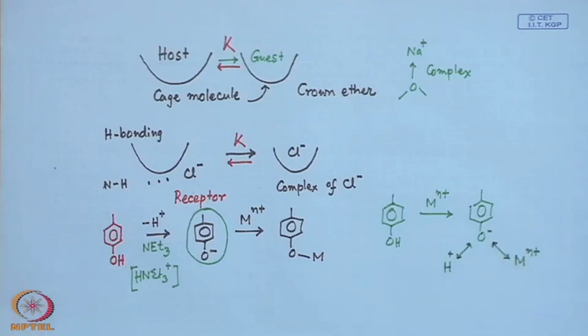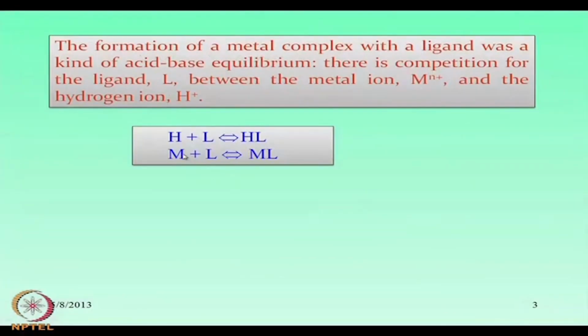So, there will be two competitive pathways for binding the phenoxide ion to the Mn+ and the proton, and therefore we see that this H+ L and M+ L situation is there all the time.